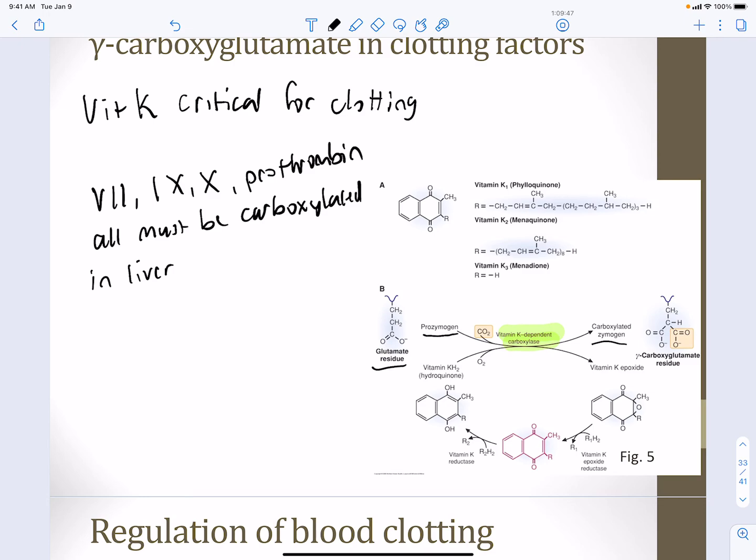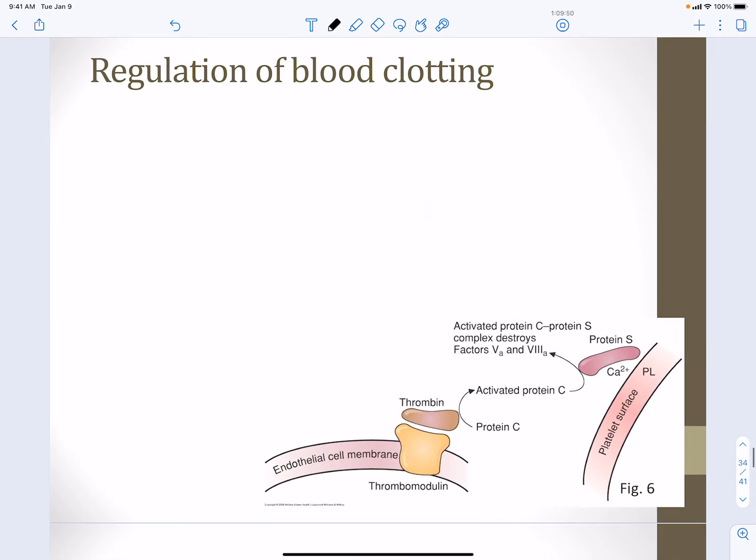Okay, now regulation of blood clotting. Thrombin has a prothrombotic role, and thrombin also has an antithrombotic role.